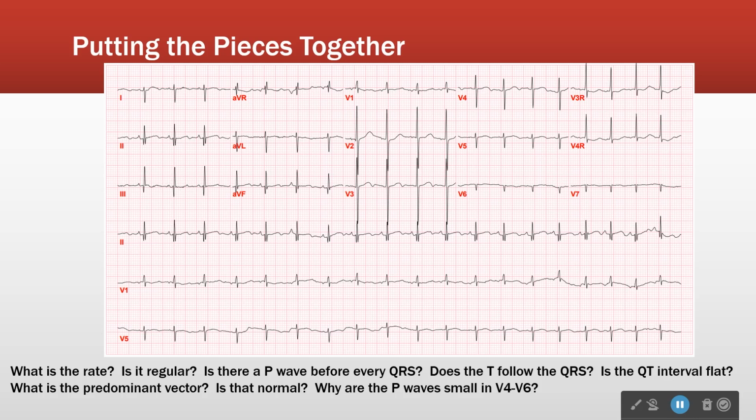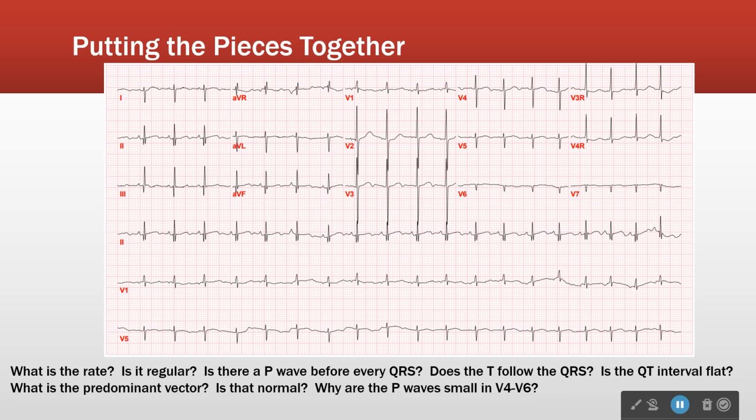Okay, so rate normal. Is it regular? Are the complexes about the same distance apart? Yeah, and the nice thing about a pediatric EKG, you have lots of complexes to look at, so you can really tell that they're all pretty much the same distance apart. Is there a P wave before every QRS? Yeah, there is.